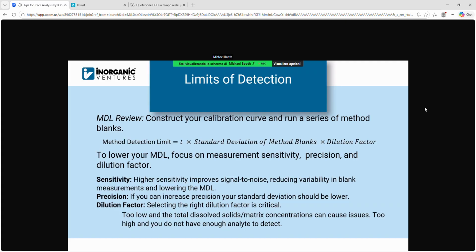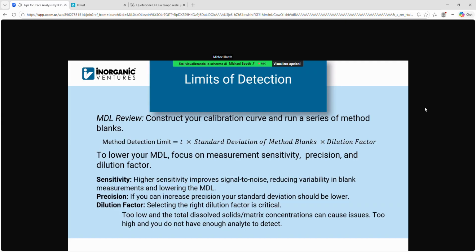So if you do a 10x of your samples, multiply it by 10 at the end as you're calculating your method detection limit. So again, it's the detection limit of your sample post dilution, not excluding dilution. That's a really important designation to make.